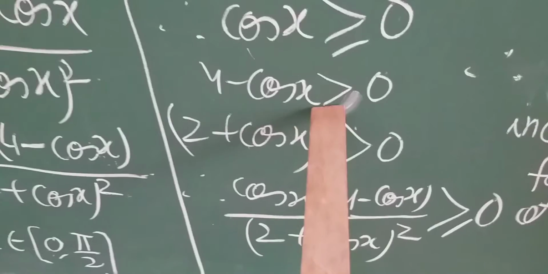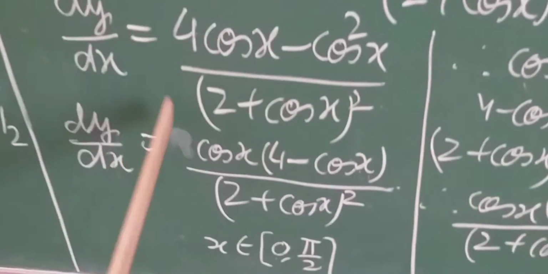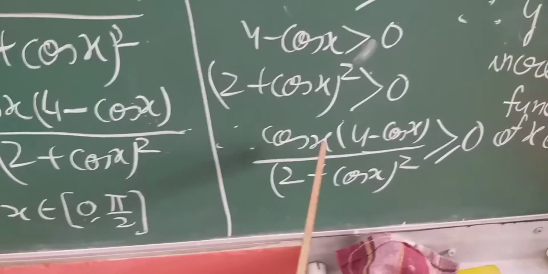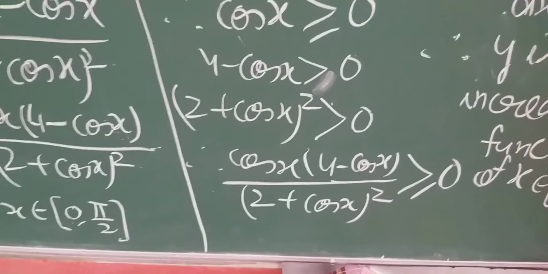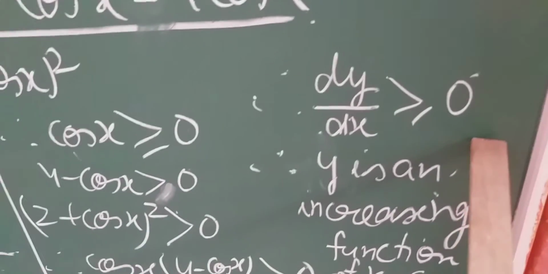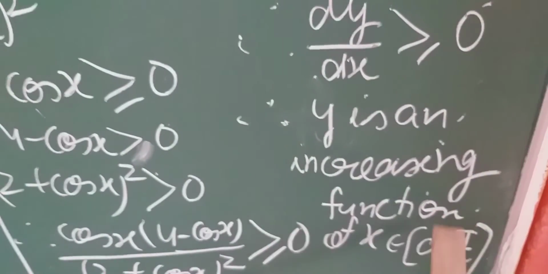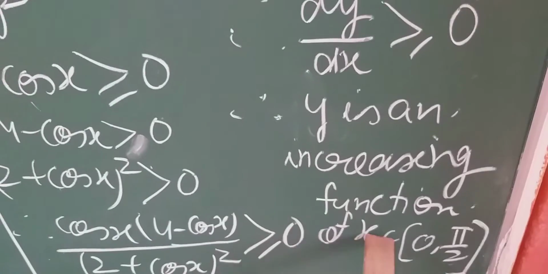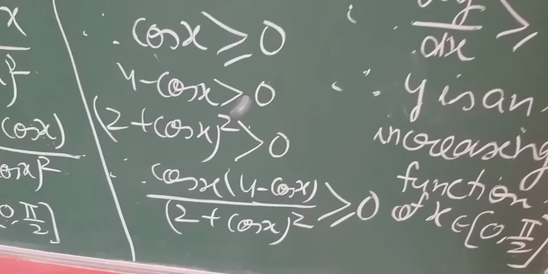So 2 plus cos x whole square is greater than 0. So it means this whole value, cos x into 4 minus cos x upon 2 plus cos x whole square, is greater than or equal to 0. It means dy by dx is greater than or equal to 0, students. Therefore y is an increasing function if x belongs to 0 to pi by 2. Okay students.